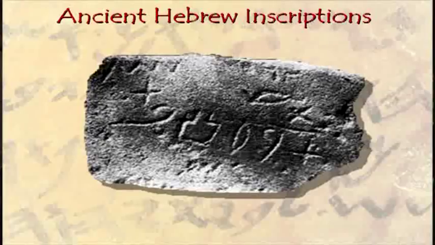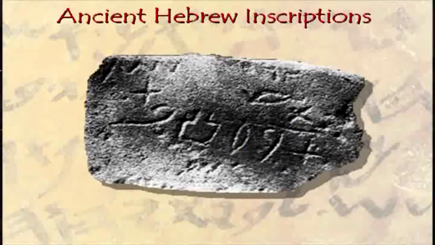Here's another example of the pictographic script. Hit the wrong button. There we go. Okay, this is a mem and a tav. What's mot? Death. Lamed, bet, probably an ayin, but it could be a pei. Not sure.